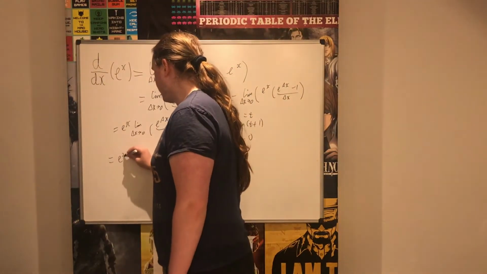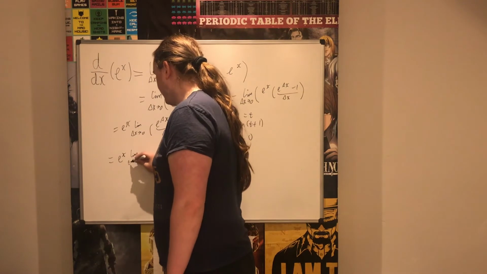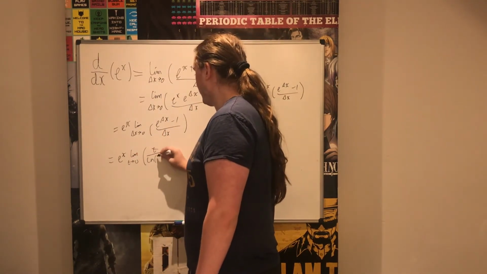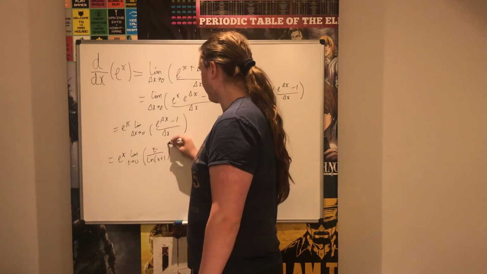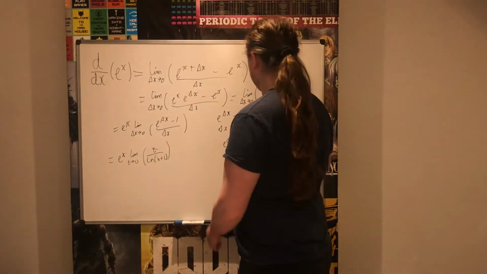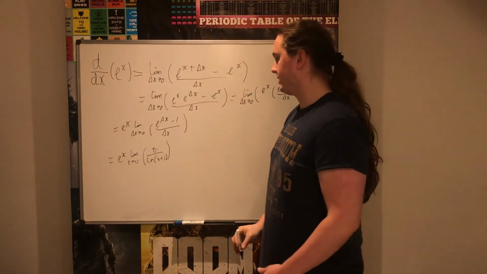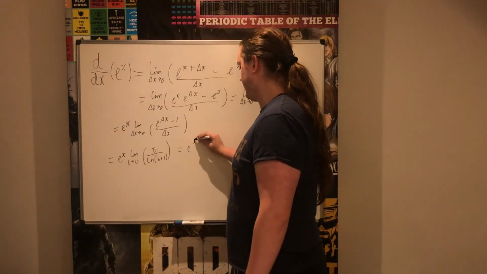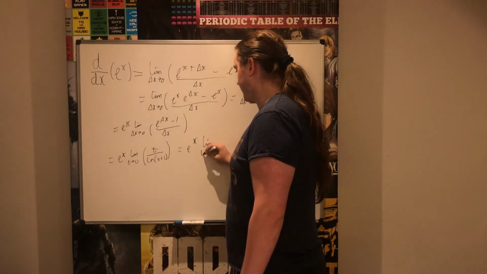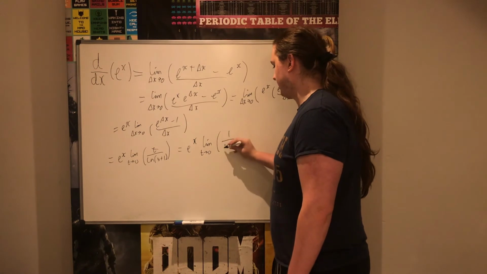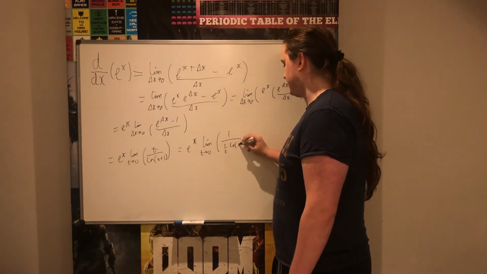So this is the same as e to the x times the limit as t approaches 0 of t over ln of t plus 1. Now I'll just clear this. So this is the same as e to the x times the limit as t approaches 0 of 1 over t ln of t plus 1.